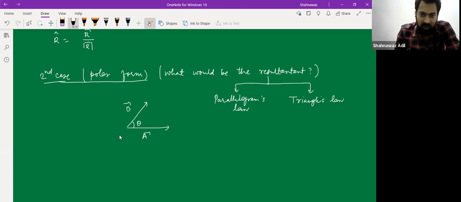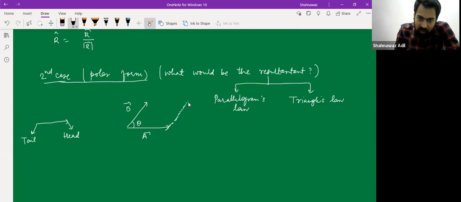So in the parallelogram law, what do you do? The geometrical representation of a vector has two parts. This is called the tail of the vector, and this is the head of the vector. So you transport vector b parallelly and place it on the head of this vector.